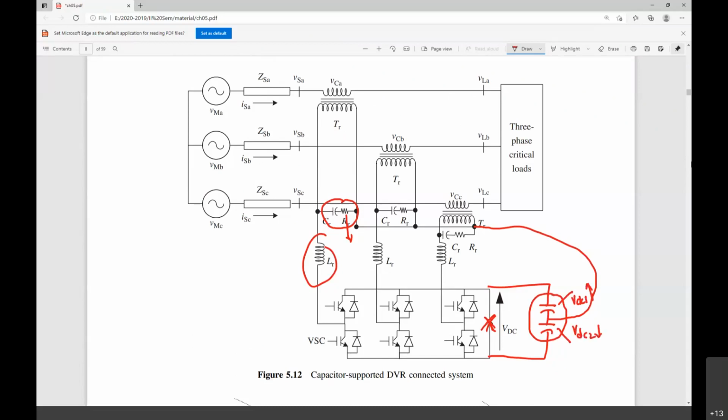When there is any kind of a DC offset current flowing this way, in that case we are going to have the problems which are related to the voltage unbalance. In order to avoid this capacitor voltage unbalance issue, they can go for a four-leg based DVR. Okay, four-leg based DVR. I'll come back to this one in the next coming classes.